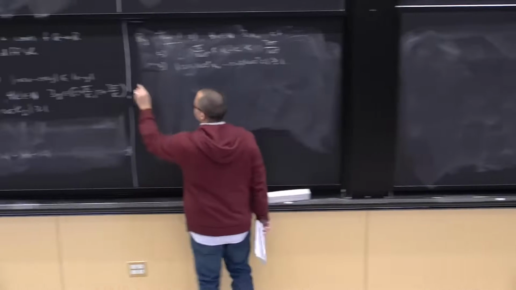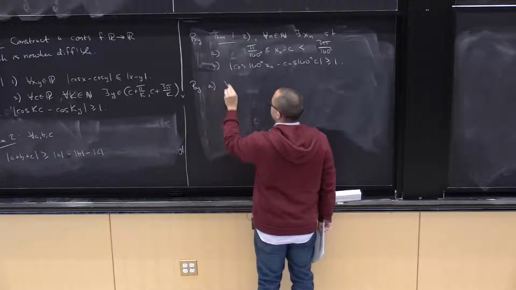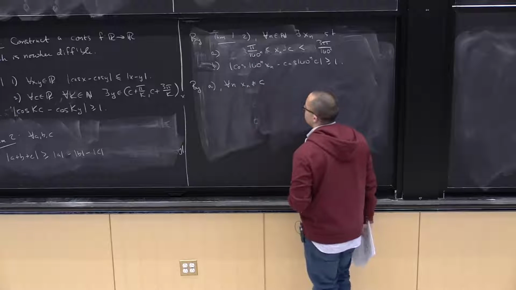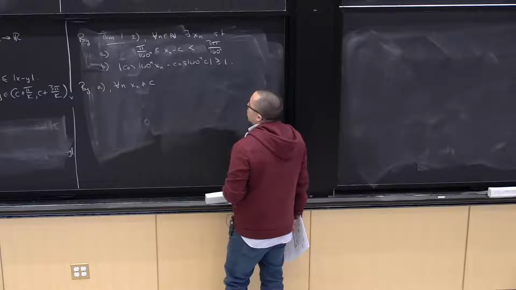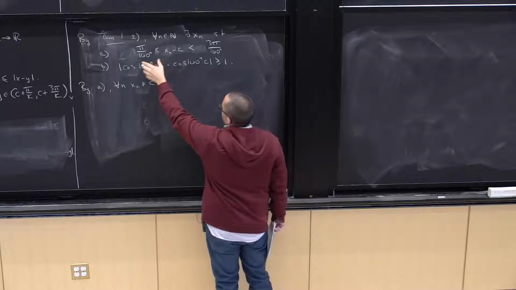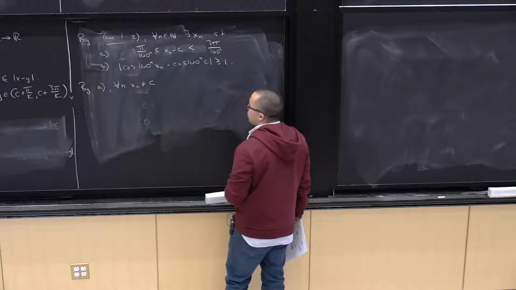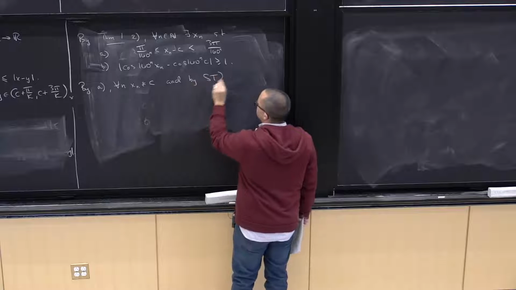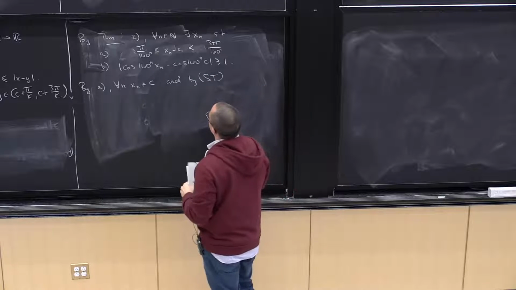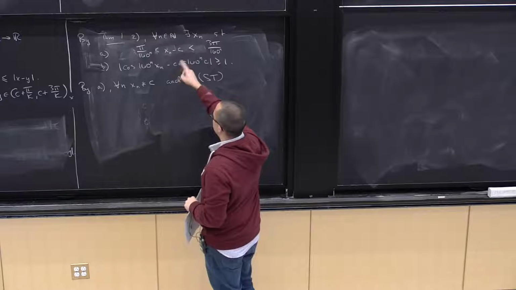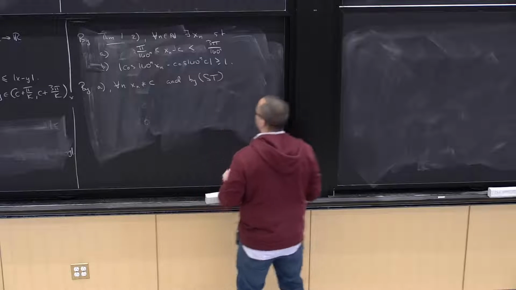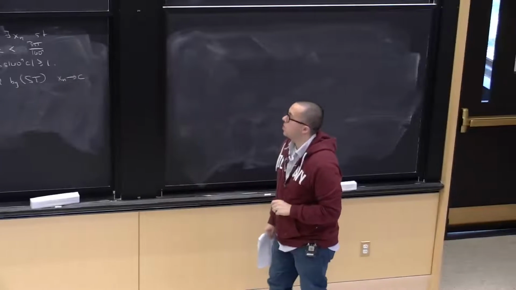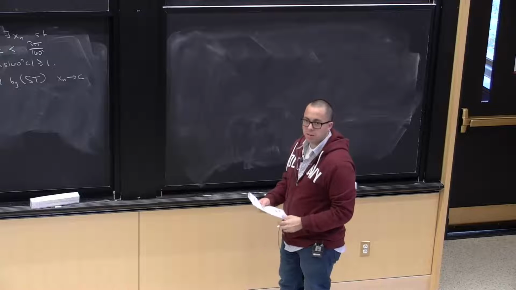So by A, for all n, x of n does not equal c, because their difference is bounded below by a positive number. I mean, their difference is actually positive, and it's non-zero. And by the squeeze theorem, again, if you like putting the c on both sides, we get that x of n converges to c. So this will be our sequence, our bad sequence for which the difference quotient is unbounded. Okay.